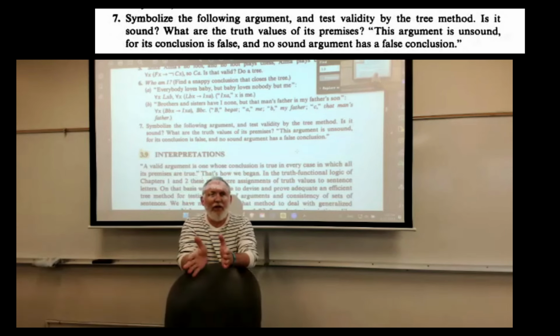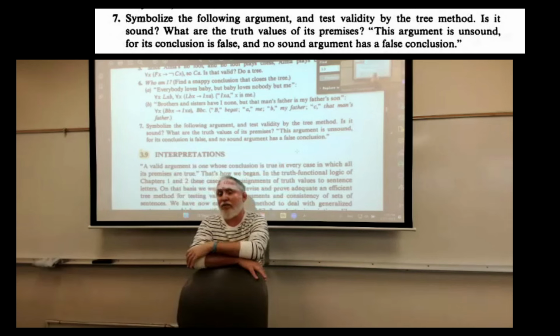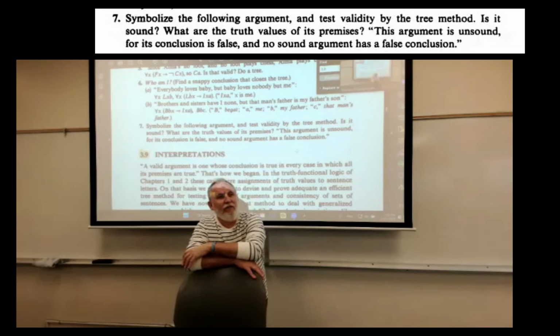So we know that this argument is valid because when we symbolize it, the truth tree works. It shows that it's valid. And then we determine that it's unsound. We suppose two cases for the premises.